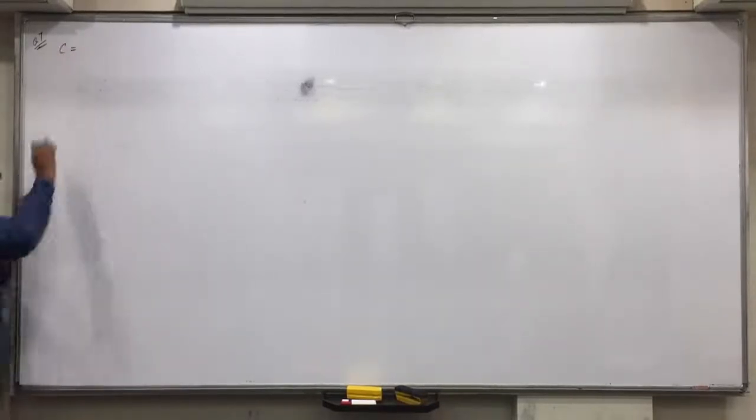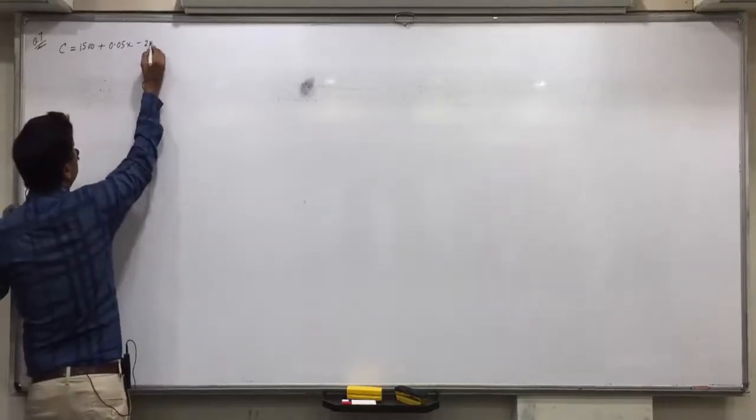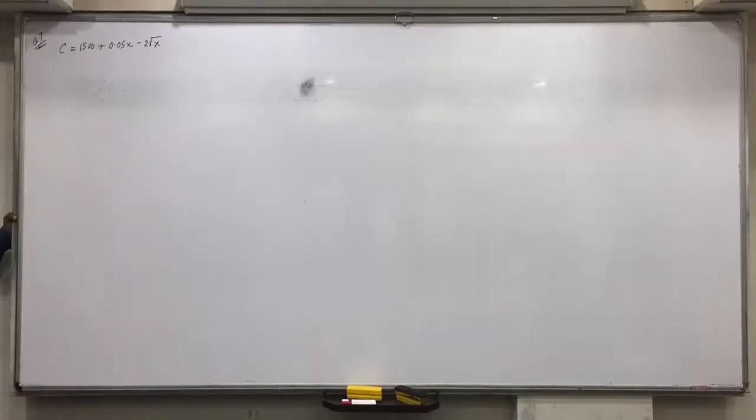Production cost function of a commodity is, write down, C equals to 1500 plus 0.05x minus 2 root x. Now prove that the production cost is minimum when 400 units are produced.